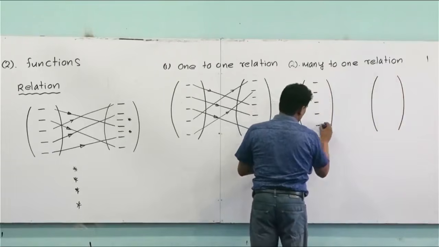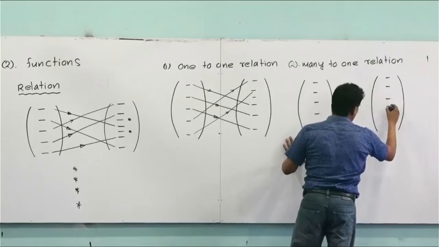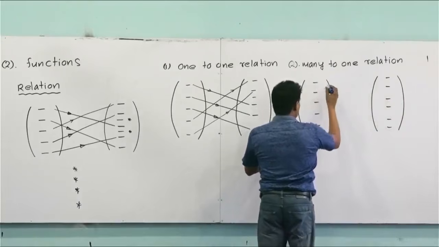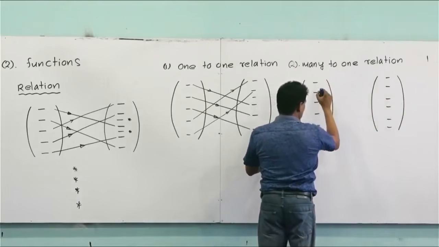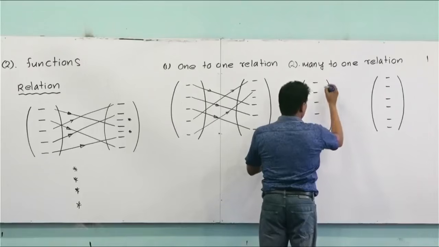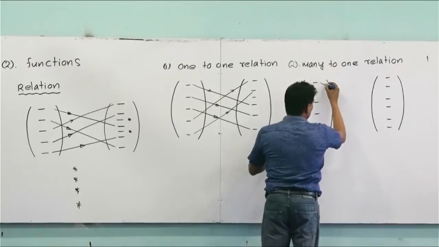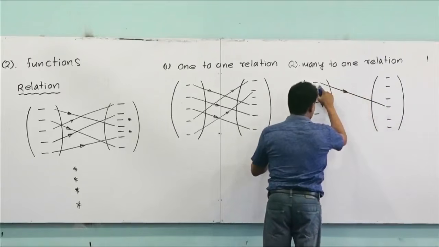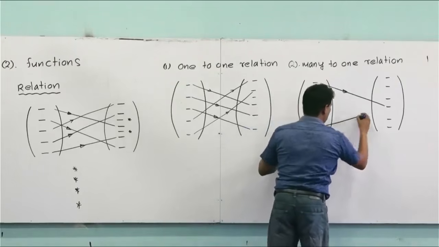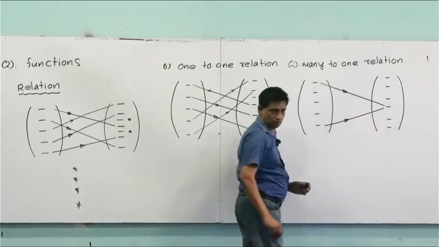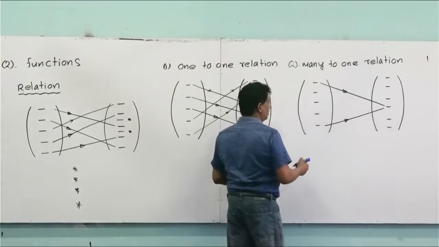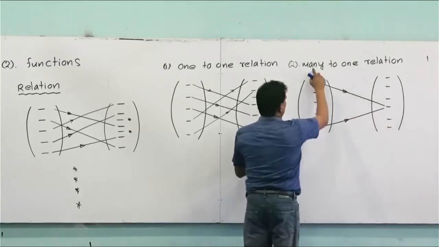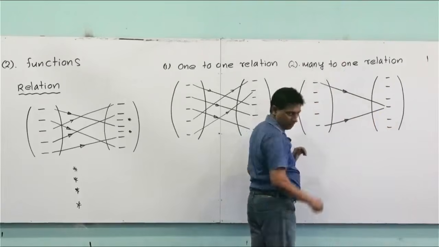These are the first set elements and these are the second set elements. Now, a few elements of the first set, not only one. Let's think this element is connected with this element, and not only this element but also this element is connected with this element, right? Then what is the meaning of that? Many elements of the first set are connected with one element of the second set. That is the name many-to-one, right?